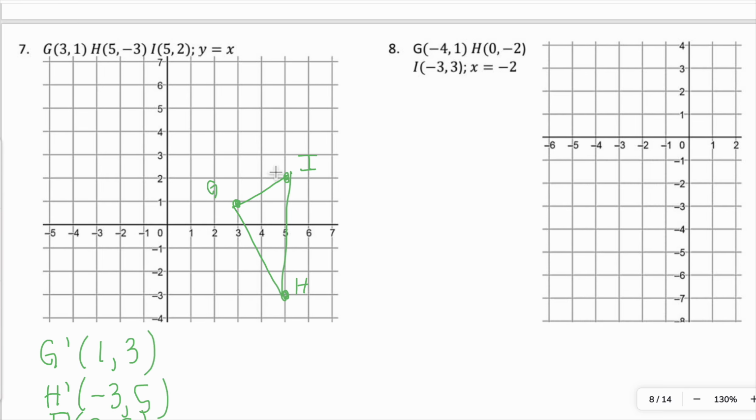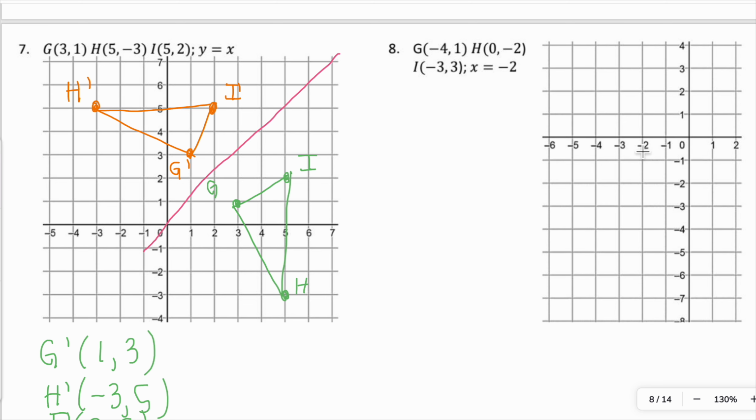Okay, and then if you wanted to, you could also draw that y is equal to x line, maybe a little bit off there, but 3, 1 now changes to 1, 3 for G prime, and then negative 3, 5 for H prime, and then 2, 5 for I prime. So now we've got our reflection over the line y equals x. If it was y is equal to negative x, you would flip them and also flip their signs.